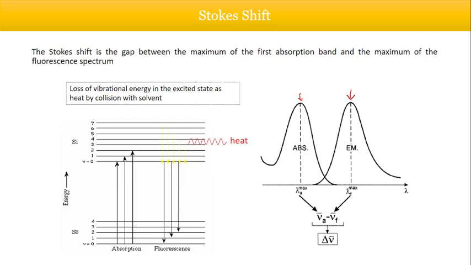Vibrational energy from the excited state is lost in the form of heat by collision with the solvent. The electrons are excited to the different vibrational levels of S1, and some of the energy is lost as heat and they reach V0, the vibrational level 0 of the S1 state, after which we can observe fluorescence.